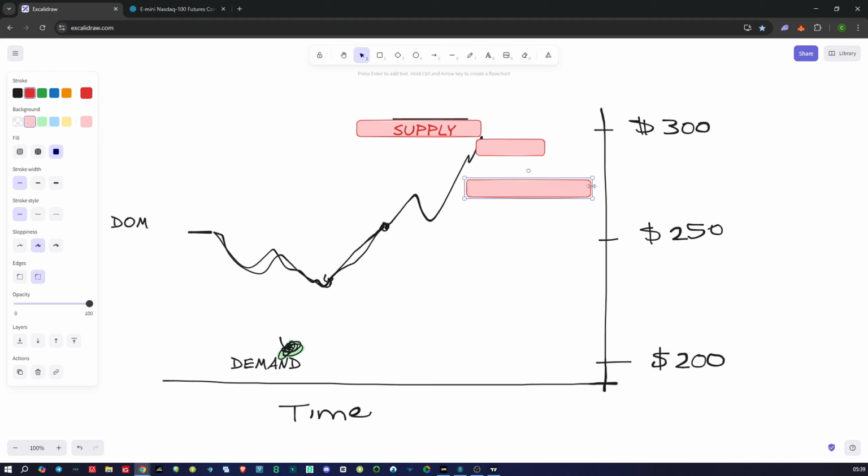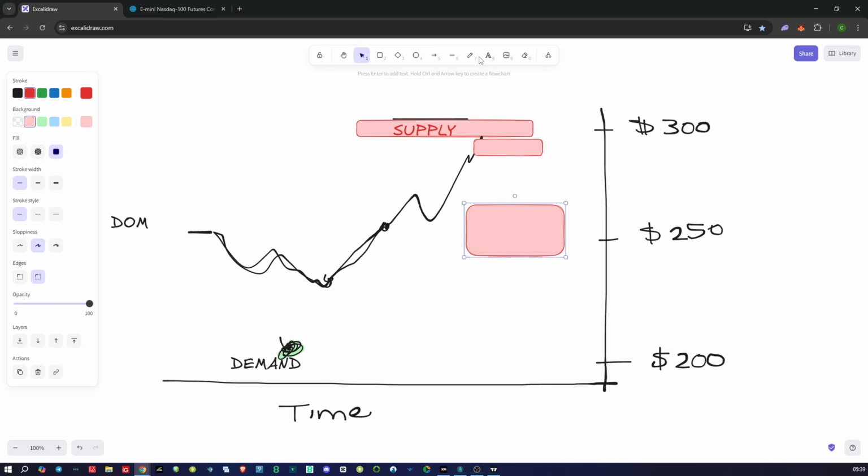Someone is just starting to sell these shoes. There's no interest. No one wants these shoes. It's outdated. And you can see there's a big supply at 250.